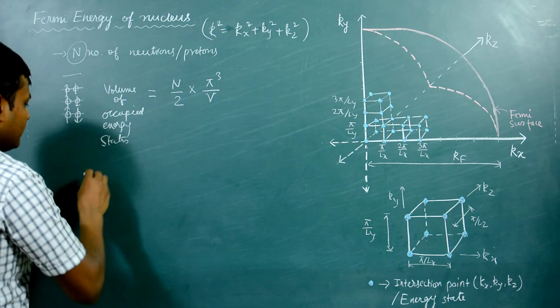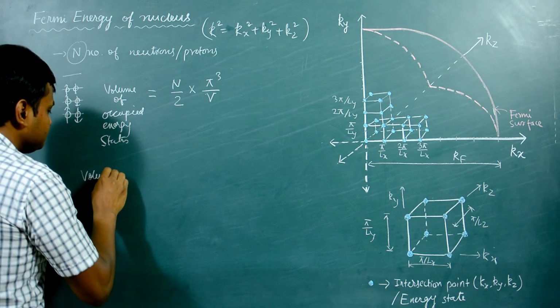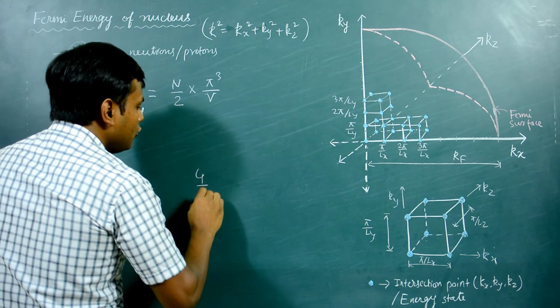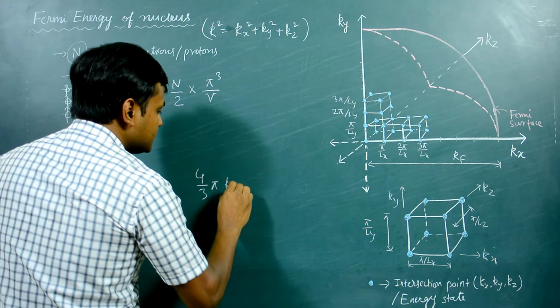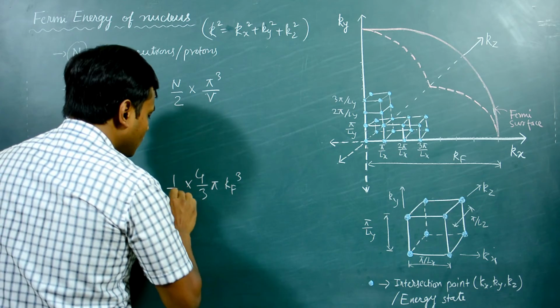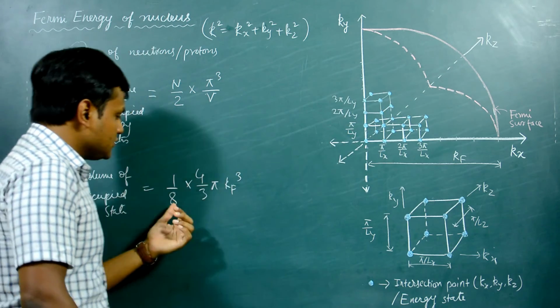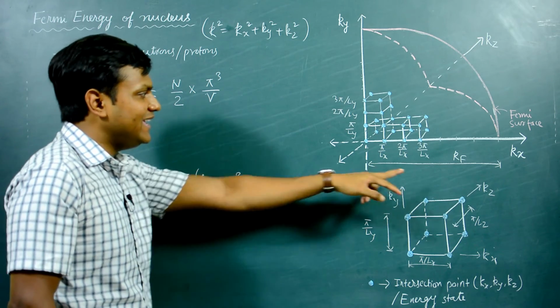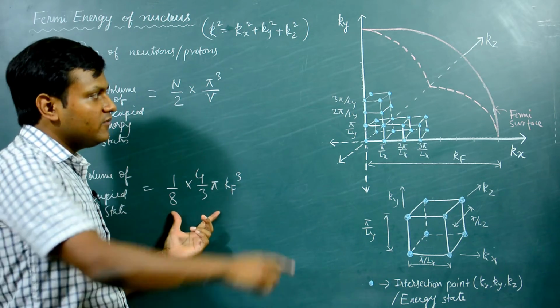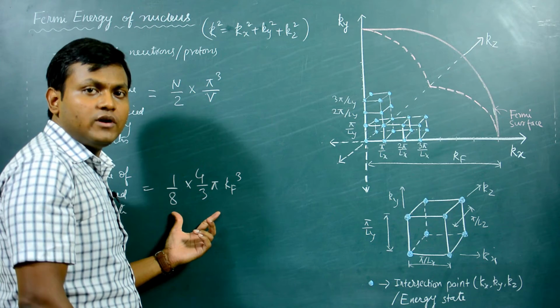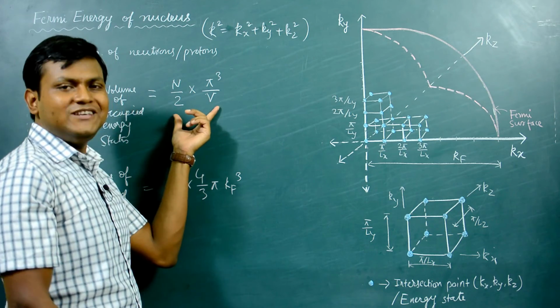In that case, the volume of the occupied states will simply be the volume of the sphere multiplied by 1/8, isn't it? Since this is 1/8 of a sphere having a radius kf, this is the volume of this kind of a sphere in the first quadrant, which is nothing but the volume of the occupied states.